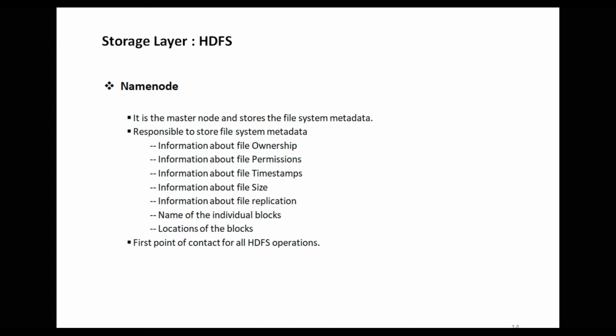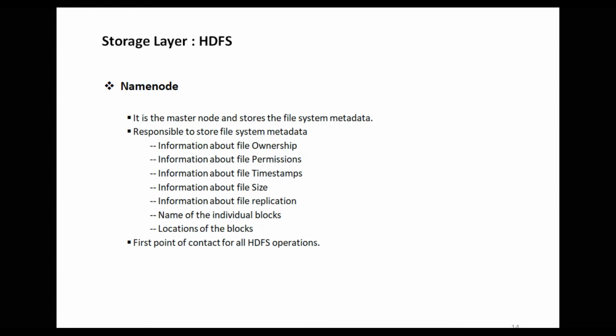If you want, you can decrease the replication factor, or you can increase it. But Apache Hadoop suggests a replication factor of 3. That is based on your client requirement. If you want to reduce it, you can reduce it, or if you want to increase it, you can increase it. It's up to your client requirement.